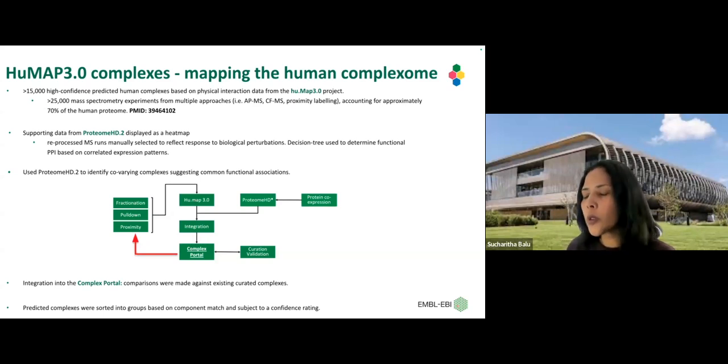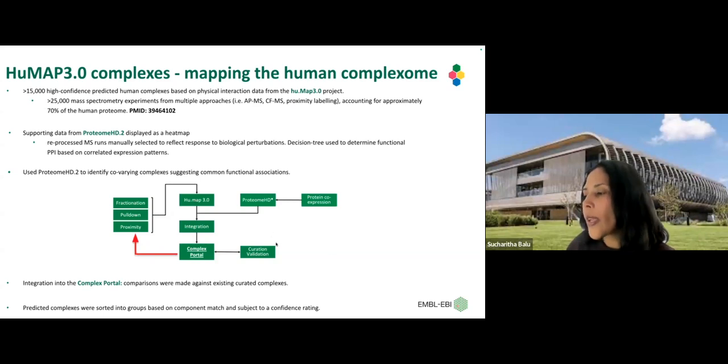What we did was we took the predicted complexes and compared the components of the predicted complexes to the manually curated complexes, and anything that was an exact match was just merged in, but anything that was a partial match was added as a subset. Anything that didn't match was added as newly predicted complexes.